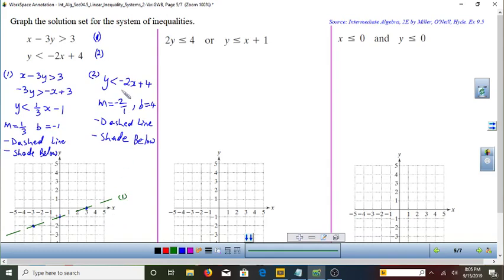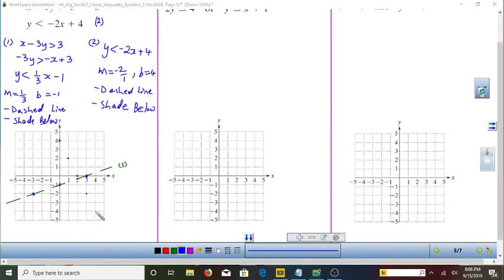Now let's do line number 2. We're starting at 4, and the slope is -2/1. So I go down 2 to the right 1, and I can do that repeatedly. Down 2 to the right 1, and I can do it again.